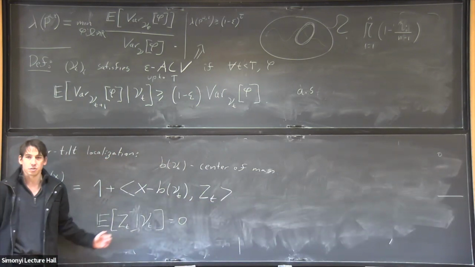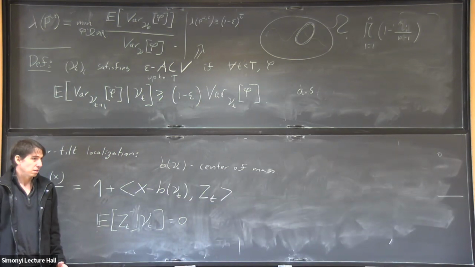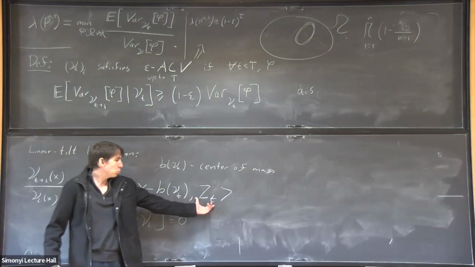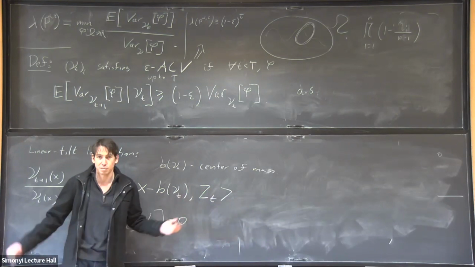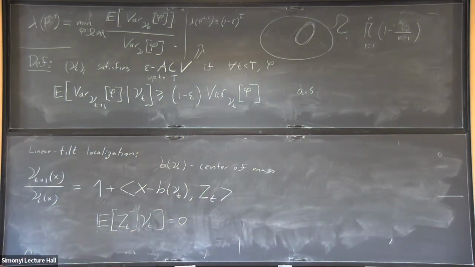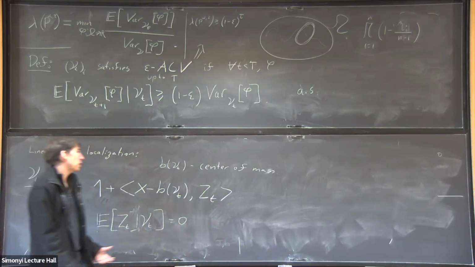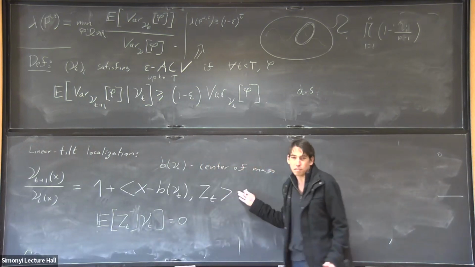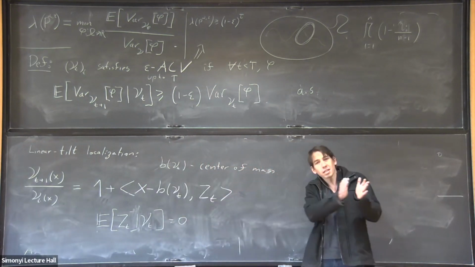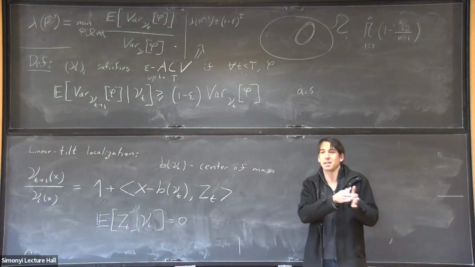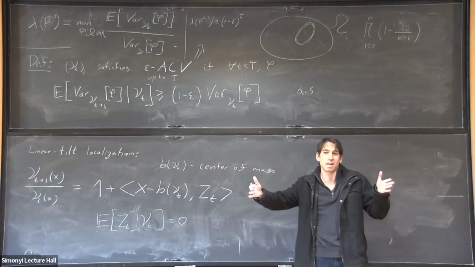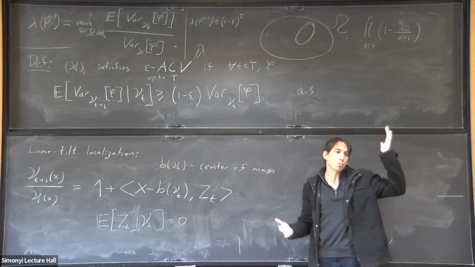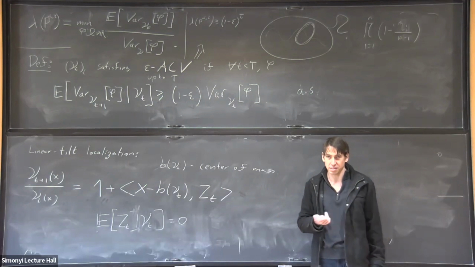So this is a vector with expectation 0. And I can choose a bunch of vectors zt here. I can do many things. This gives me an infinitely rich family of localization schemes. And it turns out the coordinate by coordinate localization scheme is of this form, because pinning is like multiplying by a linear function that's equal to 0 on one side and equal to whatever it needs to be to keep the measure on the other side.